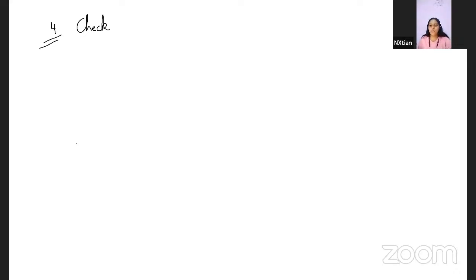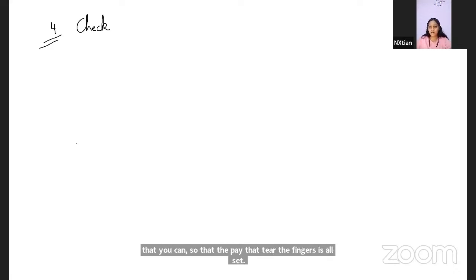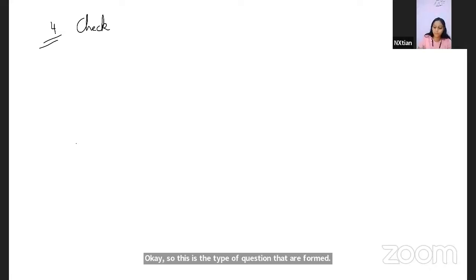Five to six questions we'll try from this exercise, so that the pairs of angles concept is all set. This is the type of question that is formed on the topic pair of angles. Check if the following pairs are supplementary. This is the next question.